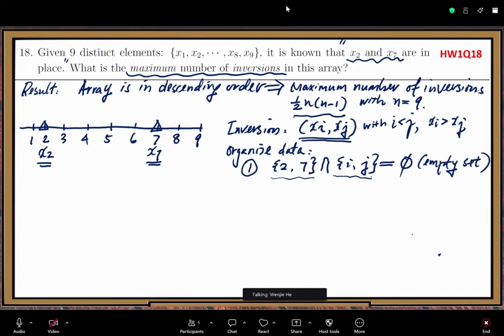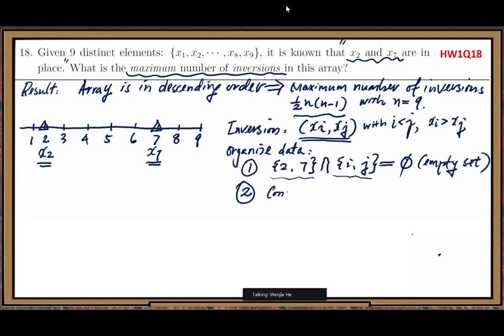Jeff just joined us. Second category. We consider the pair x2, xj, with j not in 2 and 7.